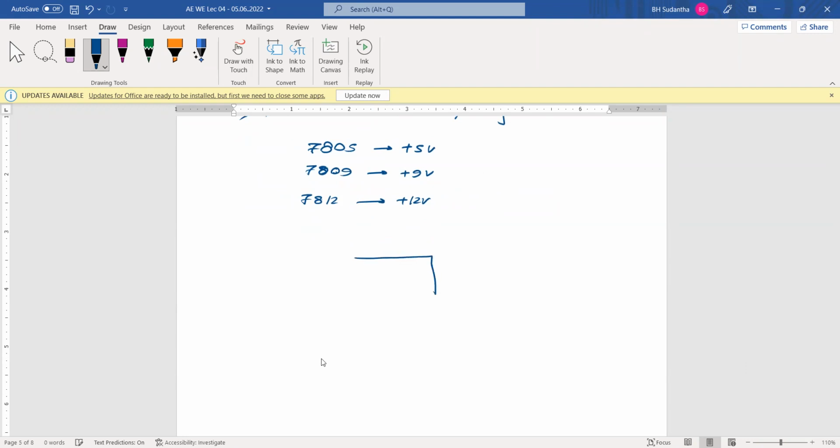If I draw the circuit diagram, it's something like this. This is the input terminal, this is the output terminal, and this is the common terminal.